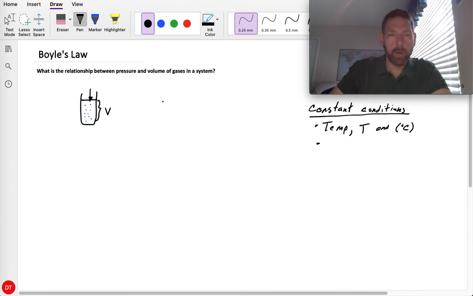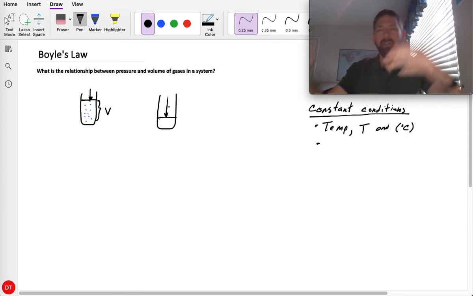So now let's think about it this way. Let's change the condition. Same container. No, it doesn't quite look the same, but just assume it's the same container. And we all of a sudden push the plunger down to here. We essentially compress those gases in that space, right?